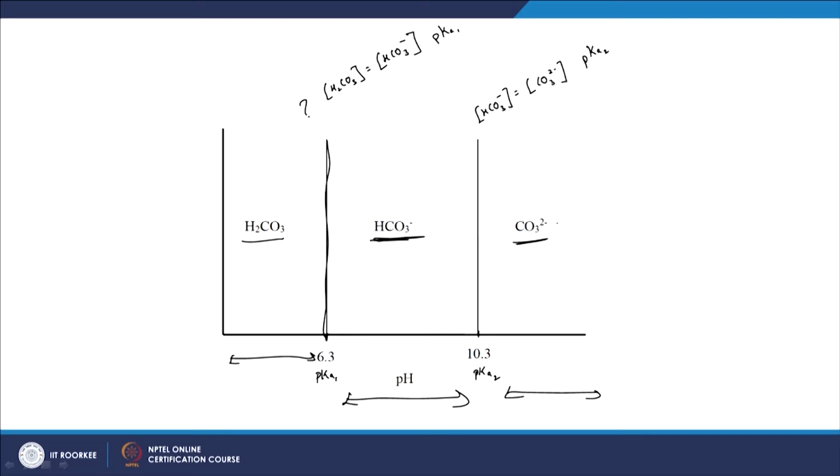Keep in mind that these predominance area diagrams give a snapshot, not the true picture. Between pH 6.3 and 10.3, while the HCO3 minus concentration is relatively higher, it does not mean that there is no H2CO3 or no CO3 2 minus. Near pH 7 you still have some H2CO3, and near pH 10 you will still have CO3 2 minus.